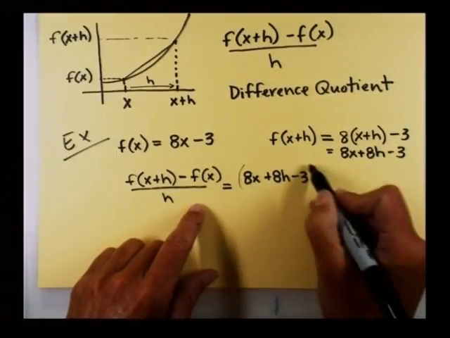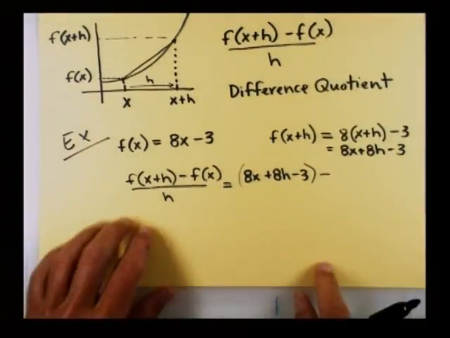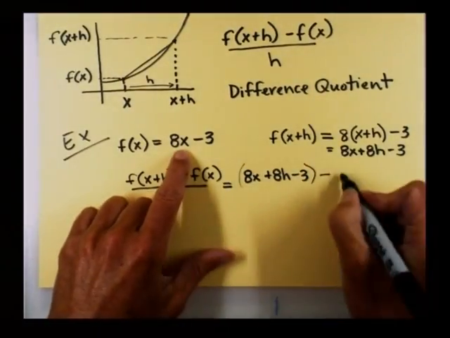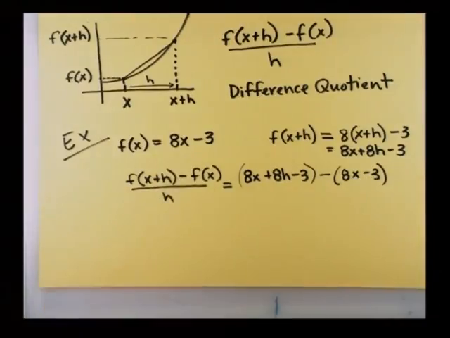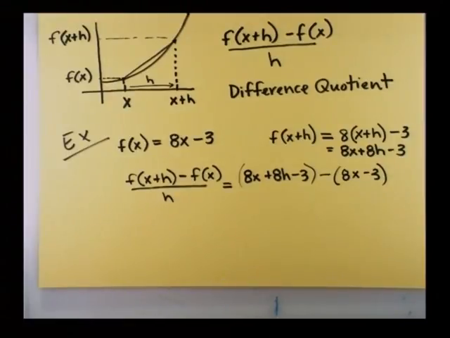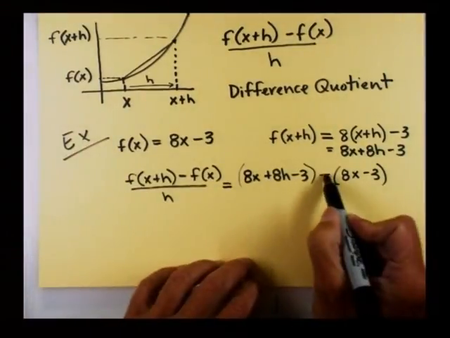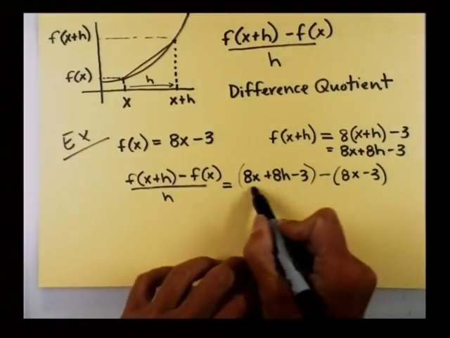That's the first piece of information I had. Then I'm going to subtract my f of x, this piece. Now you notice I put them in parentheses so I can see easier what's the first set and what's the second set of information, because I have to subtract all of this.